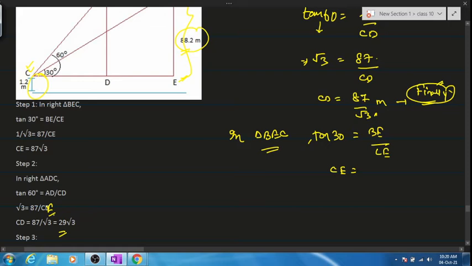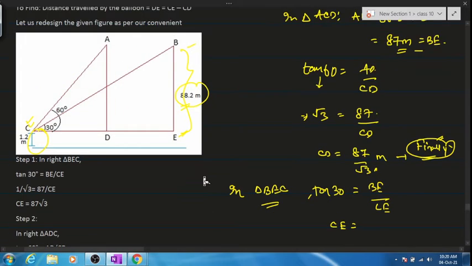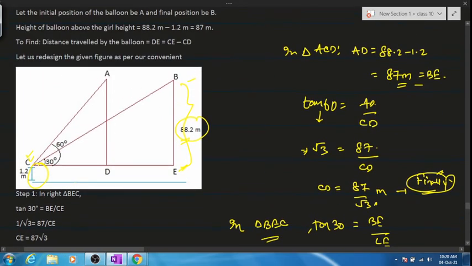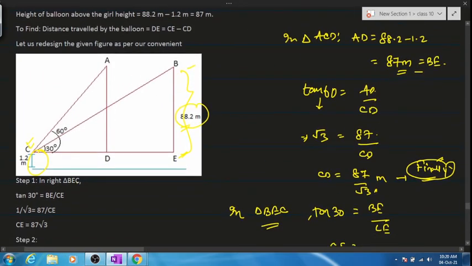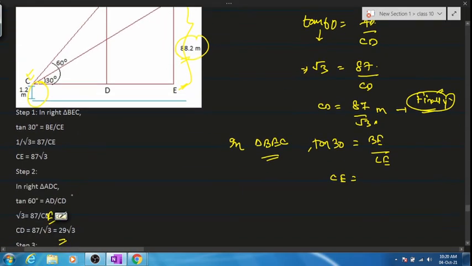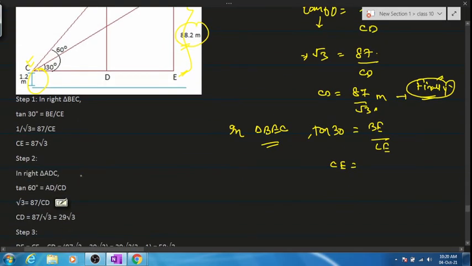This is CE. In triangle BEC, don't look at out here. Tell me what is the value for CE.